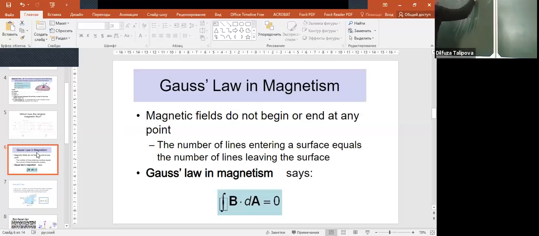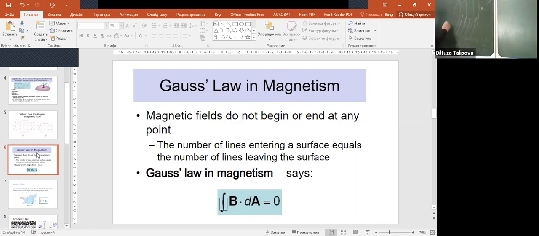If some magnetic field lines are entering the surface, let's call the number of entering lines N1, and N2 is the number leaving from the surface.